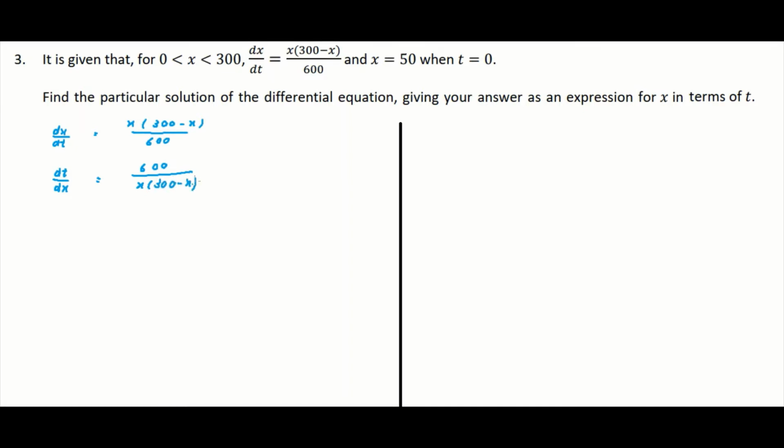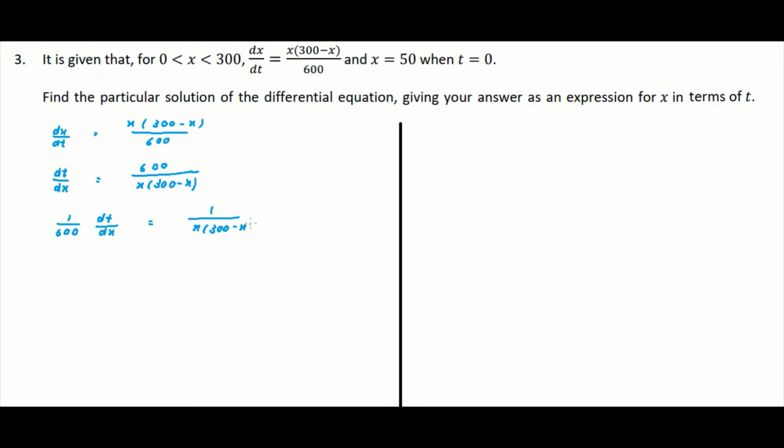Okay, in this case, it might look more familiar to you. Now for dt/dx, maybe we move the 600 in front. So you have 1 over 600, and then dt/dx equal to 1 over x(300 - x).